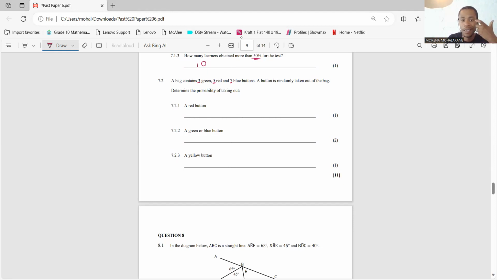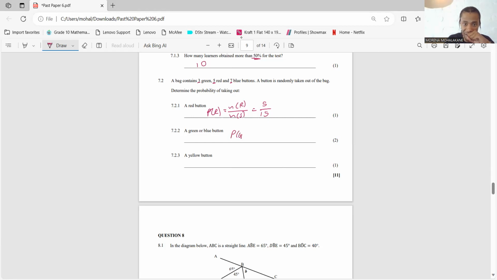If one is randomly taken out, the probability of me taking out a red button, probability of red, is equal to the number of reds over the total sample. I know the sample is 15. How many are red? 5. That's my answer. Green or blue?